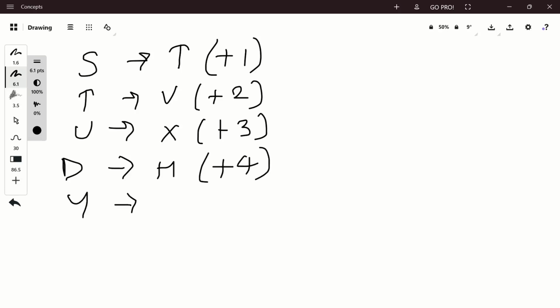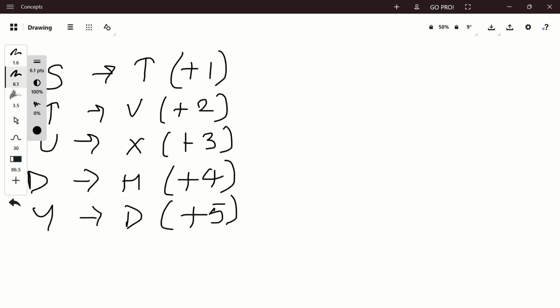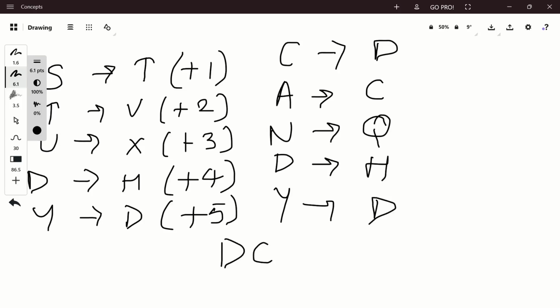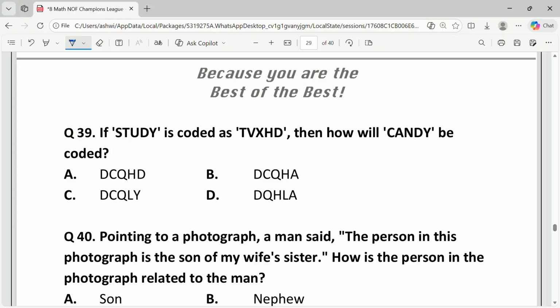And Y is coded as D, which is +5, that is wrapping around the alphabet. So for CANDY, we have C +1 alphabet D, A +2 alphabet C, N +3 alphabet Q, D +4 alphabet H, and Y +5 alphabet D. That is D, C, Q, H, D. Comparing with the options, the answer is A, D, C, Q, H, D.